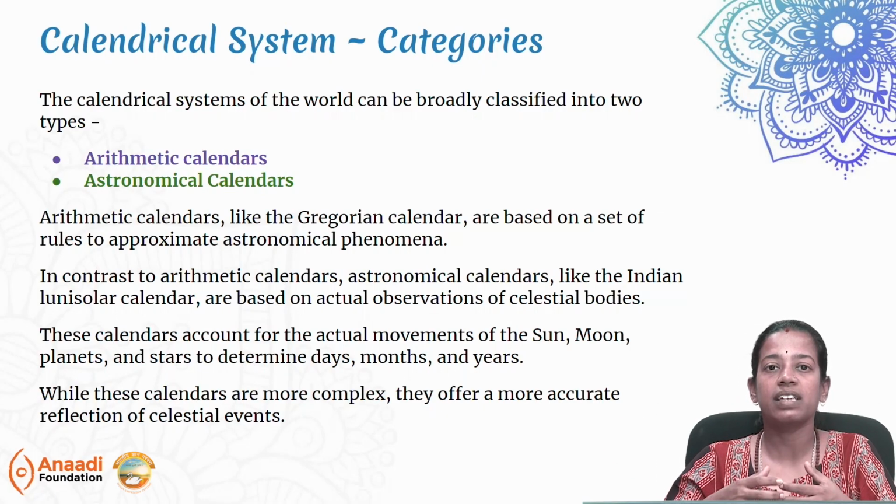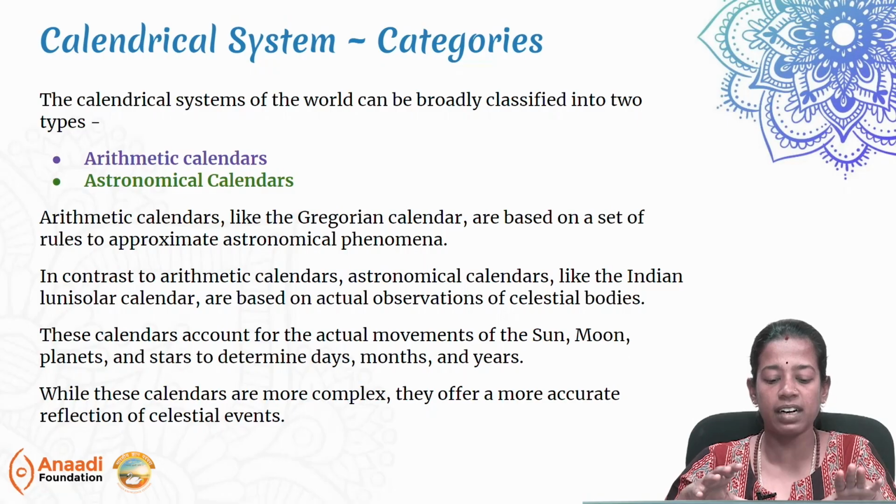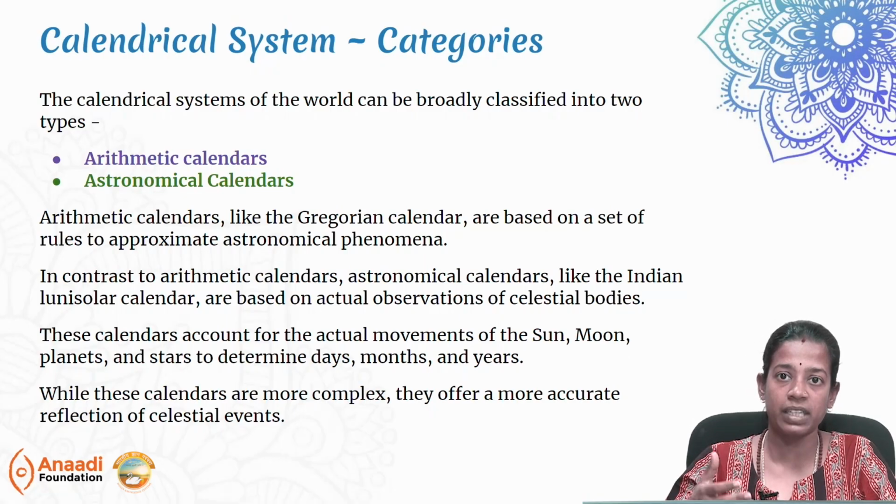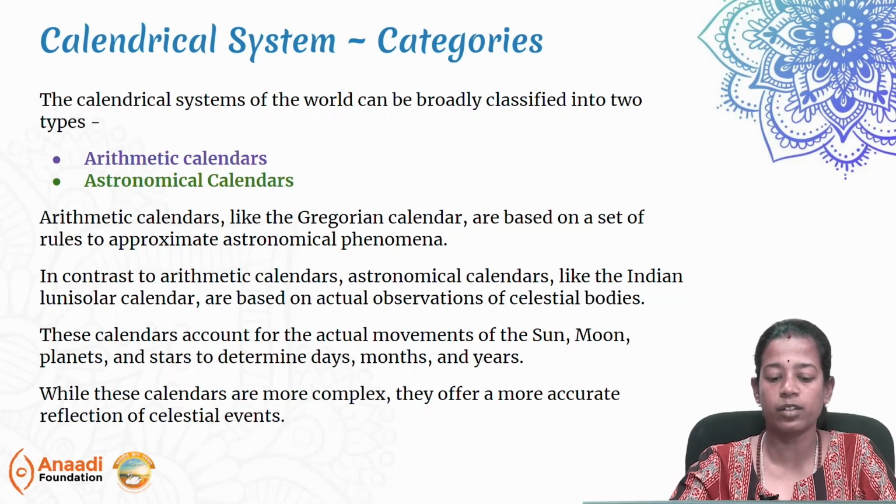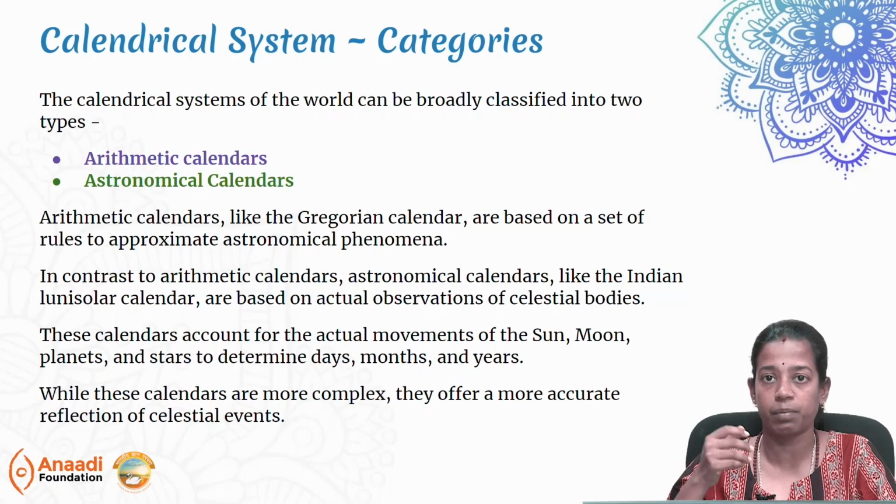So, we can understand that these astronomical calendars are able to tell the movement of the sun, the moon, and the various planets. They take in all of this data to determine the days, months and years. The positions of the stars are also taken to determine days, months and years.